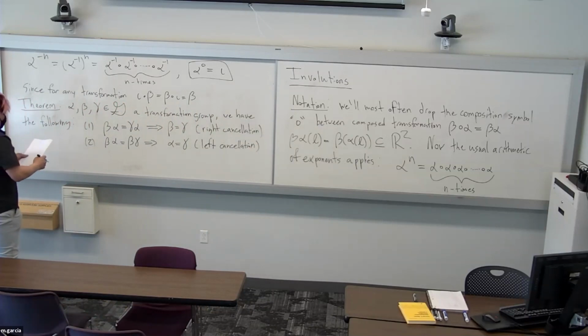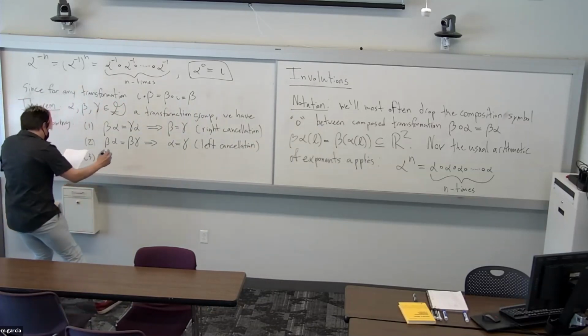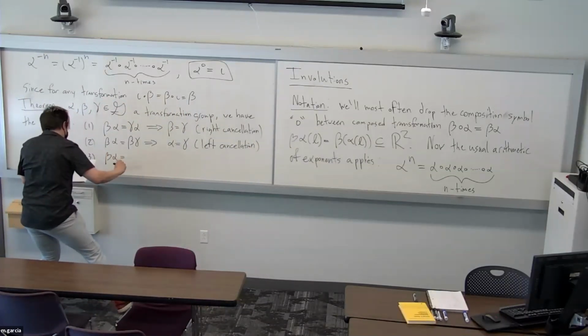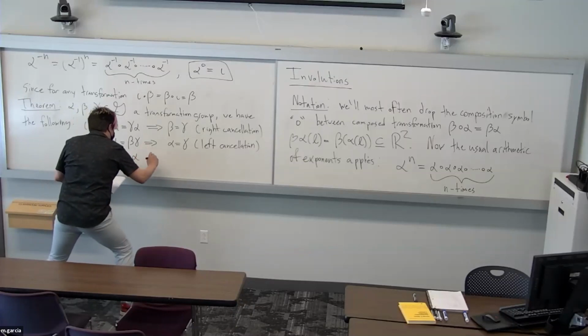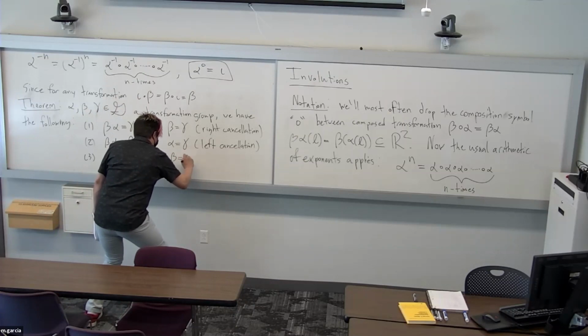Okay? So, thirdly, beta alpha is equal to alpha implies that beta is equal to iota.